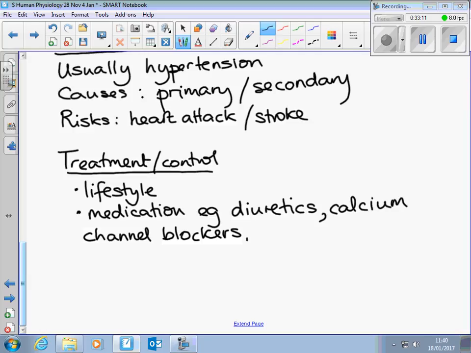You get the beta blockers. All those 3 are not associated with the renin-angiotensin system. But the other 3 that I've got here are, we have the ACE inhibitors. They all end in pril.